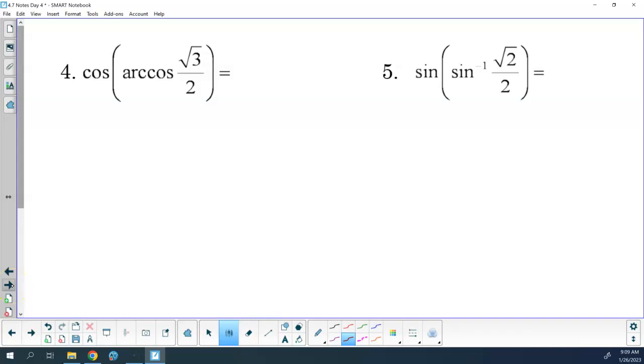Ooh, a little composition action going on here now, okay? So remember, we start on the inside, and then we work our way to the outside. So this is saying here, where is cosine square root of 3 over 2?